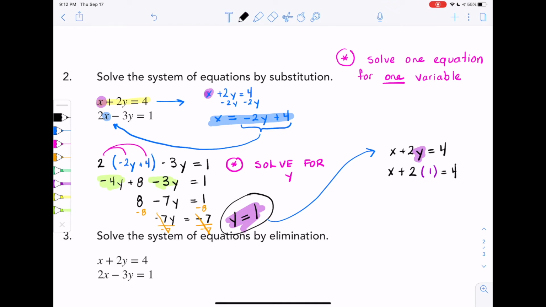All right, so I took the first equation, x plus 2y equals 4. I substituted y equals 1 in for y, and now I am going to solve for x.